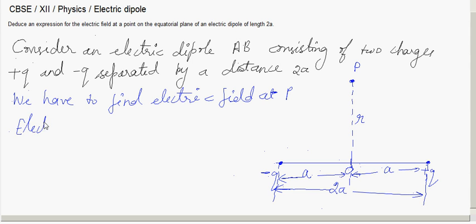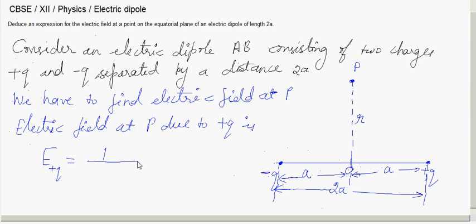The electric field at P due to plus q, let me say E plus q, is 1 by 4 pi epsilon naught into q divided by the square of the distance between the charge and the point P. I'll mark this point as A and this point as B, because in the beginning I have written consider an electric dipole AB consisting of two charges plus q and minus q.